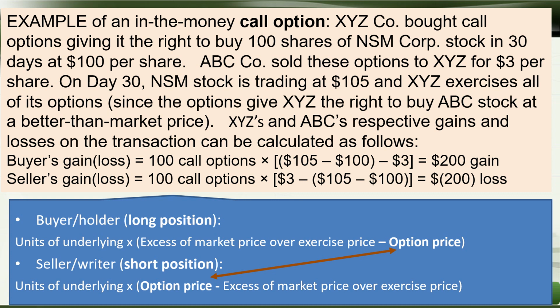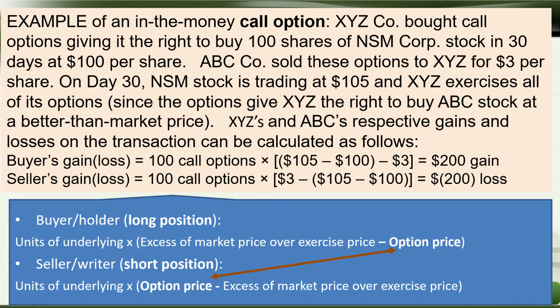So the market price is higher than the strike price of the option. Therefore, XYZ company, the buyer and owner of that option, exercises all of its options, since the options give XYZ the right to buy the stock at a better than market price. Because the market price is $105, but it will get in for $100, which is the option strike price.